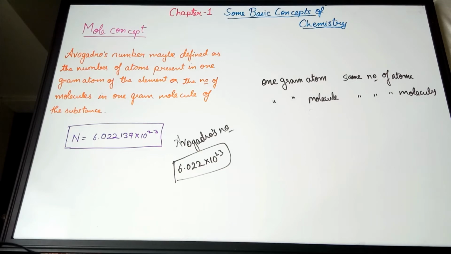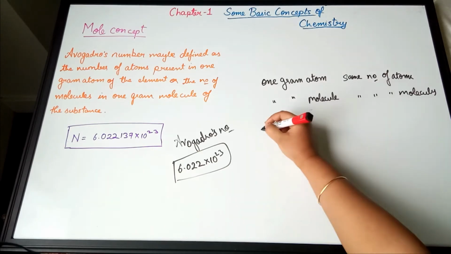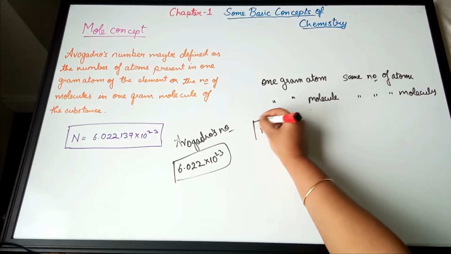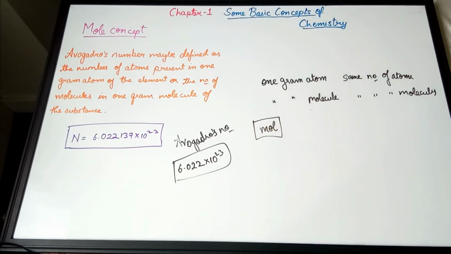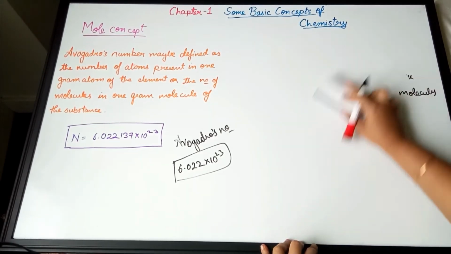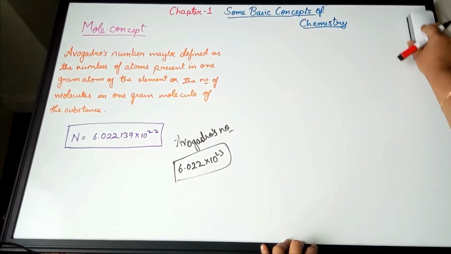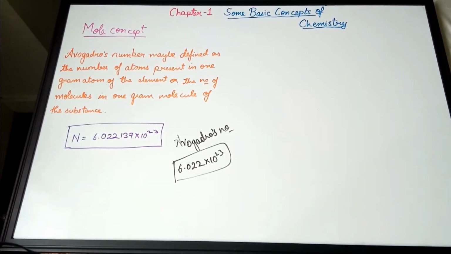And this is simply written as mole, MOL, which is the SI unit of the amount of substance that is present. So this just means that one mole of a substance will contain 6.022 into 10 to the power 23.